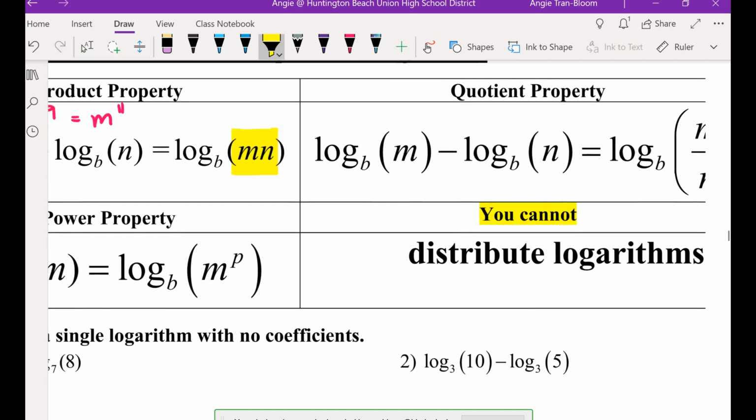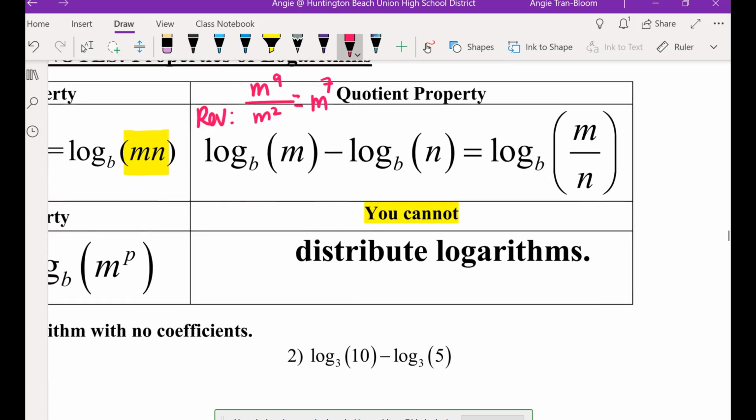So let's review the quotient one. Just like earlier, in exponential form, m to the 9th divided by m squared. What's the answer? M to the 7th. What did we do with the powers? We subtracted.